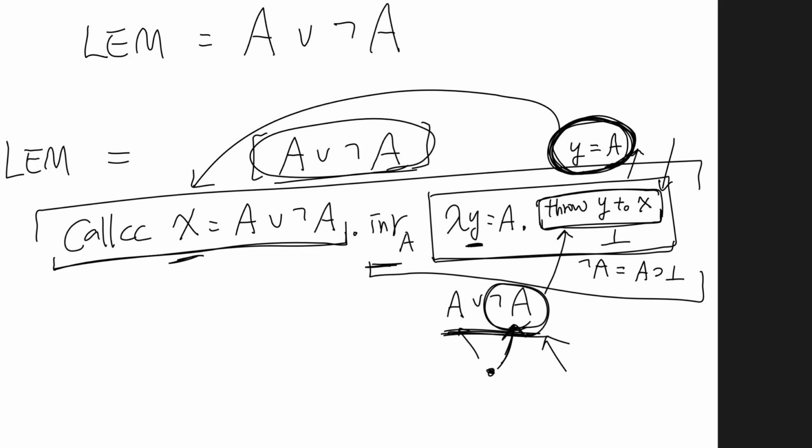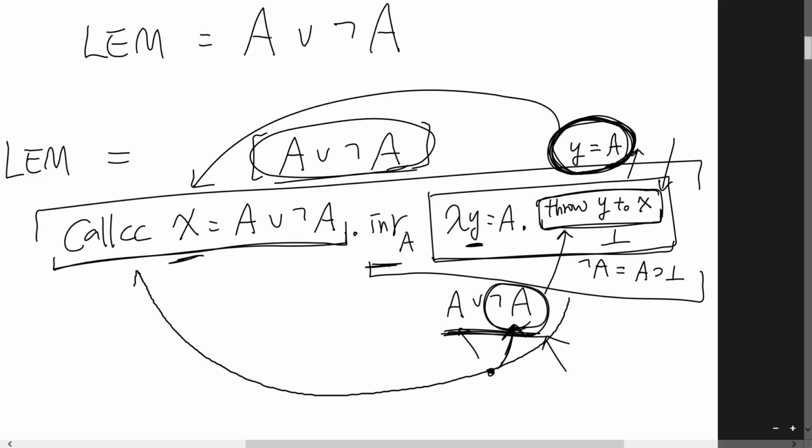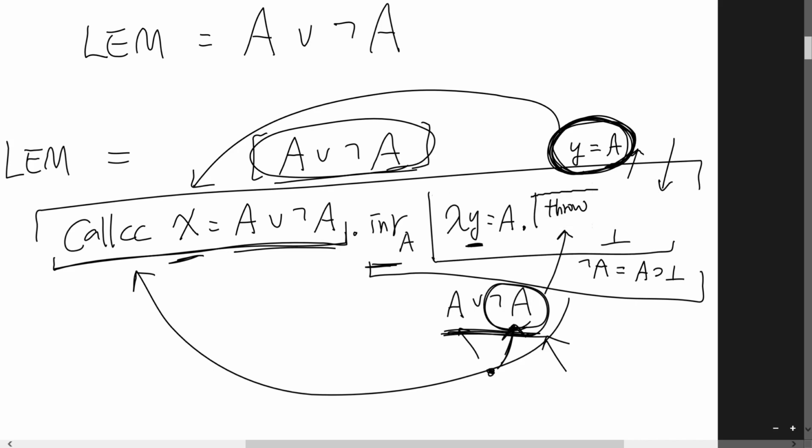So we'd like to go back in time with a value of type A disjunction negation A. So what's going to happen is, here we are going to throw a value of type A disjunction negation A to x.